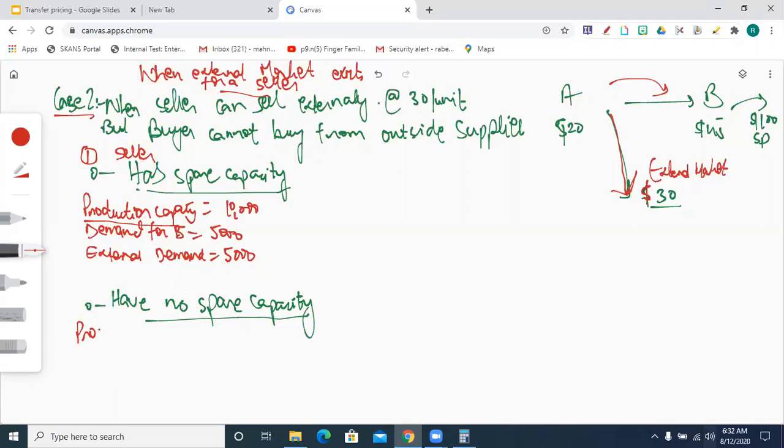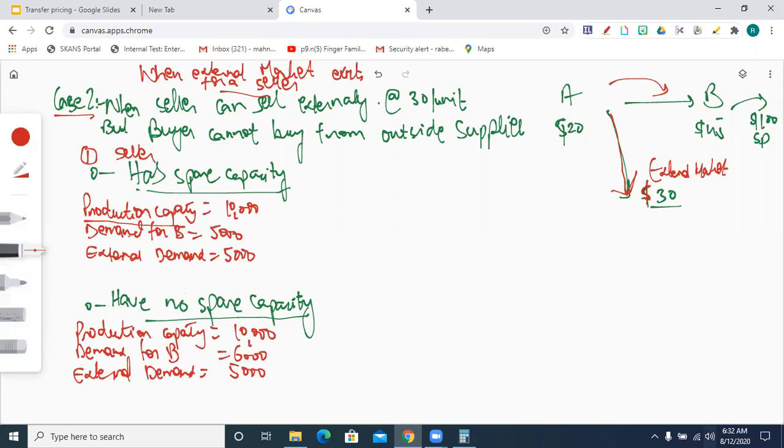In that case, for example, here the production capacity is 10,000, and here the demand for B is 6,000, and the external demand is 5,000.